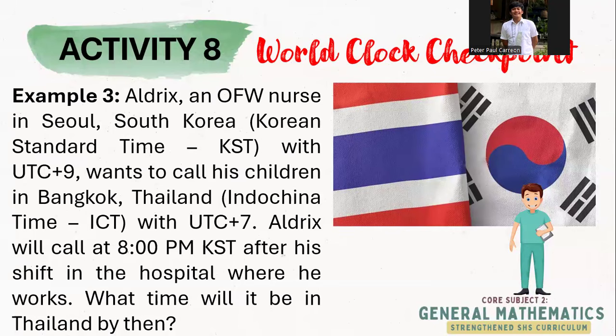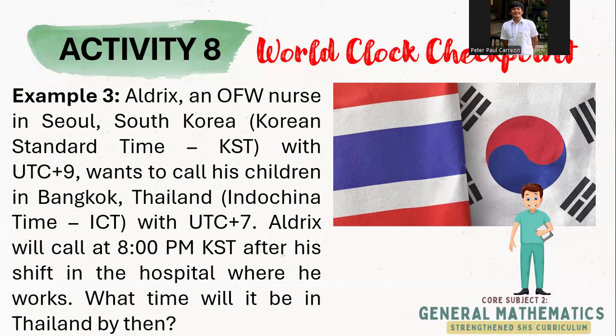Notice that Aldrich is an OFW nurse in Seoul, which follows UTC plus 9, and wants to call his children in Bangkok, which follows UTC plus 7, at 8 p.m. KST or Korean Standard Time.